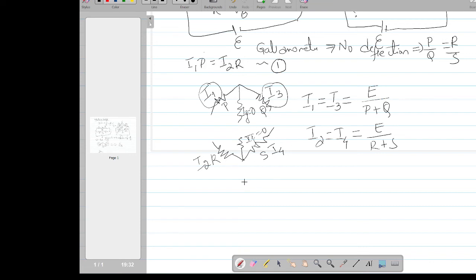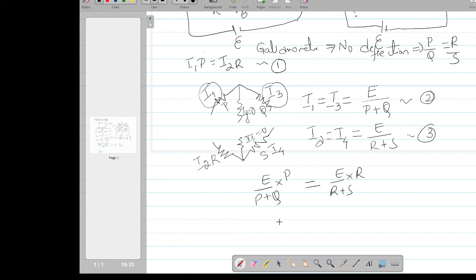So if I substitute these two values, that is equations number 2 and 3, in equation number 1, now I1 is nothing but E divided by P plus Q, multiplied with P, and that will be equal to I2 R. I2 is nothing but E divided by R plus S, and R we are multiplying.